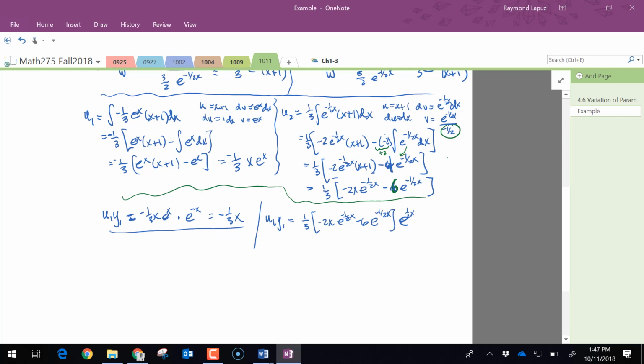So that would get rid of the e to the x's, right? And so now we just have some coefficients and some x's. So this becomes -2/3 x, and that would cancel with that. And then we have a minus 6 times 1/3, which is just 2.